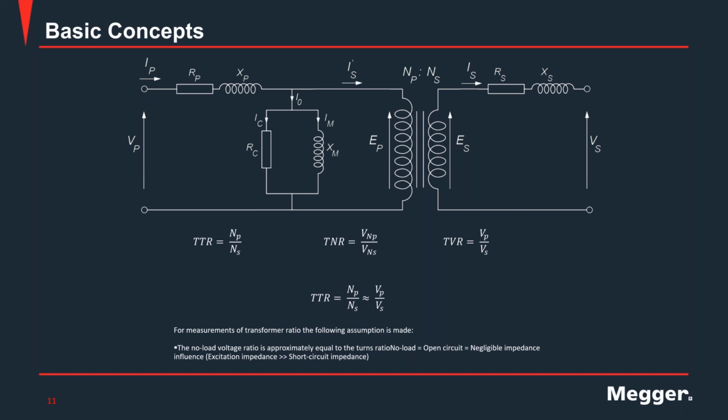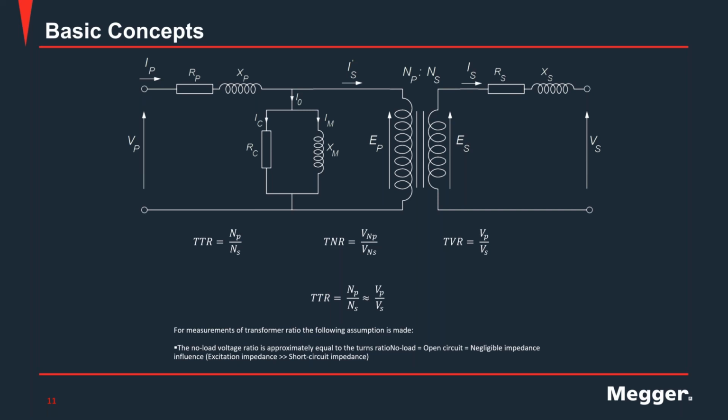And then I compare that measurement to the transformer nameplate ratio, which is the ratio that I calculate from the rated voltage values for each winding of the transformer, and I take those from the nameplate, hence the name transformer nameplate ratio, right?